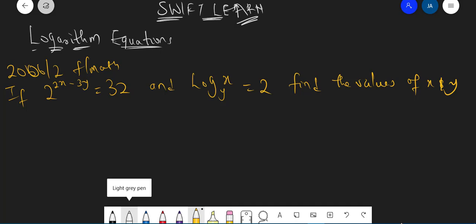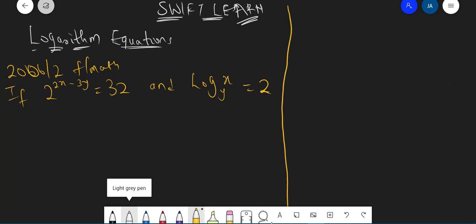Let me erase this and divide my screen, so that those that will be writing will be able to write it quickly. Find the values of x and y.